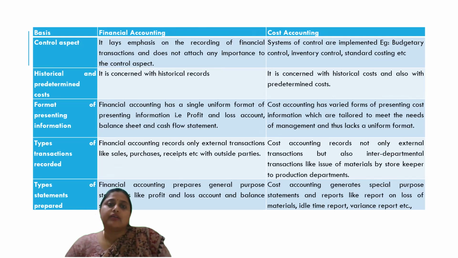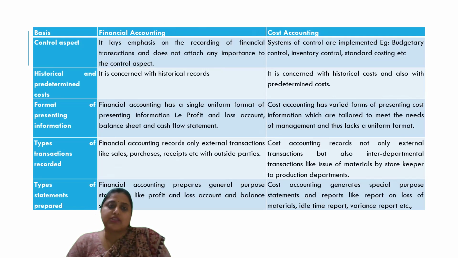If you look at the kind of data used, financial accounting is mostly concerned with historical records, that is, what happened in the previous year. Cost accounting is concerned with both historical cost and predetermined cost. Sometimes, for concepts like target costing, you need a predetermined cost.